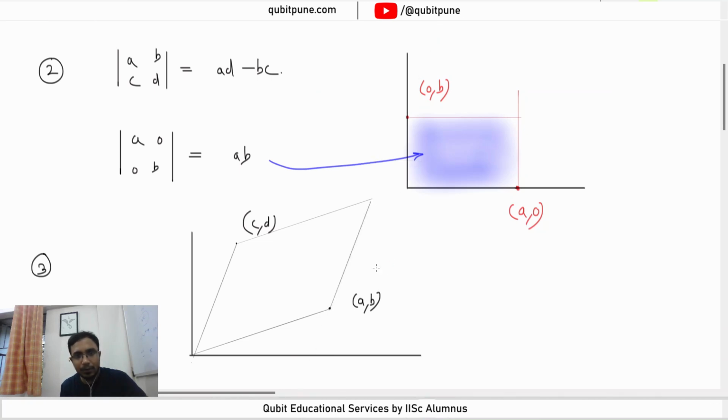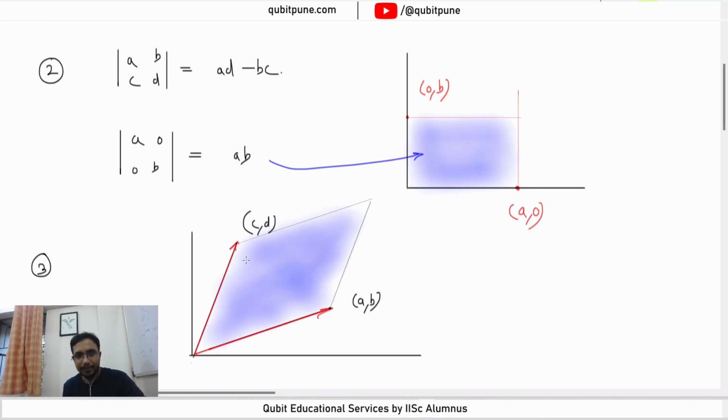Now, did you know that if I want to find out the area of this particular parallelogram which I have drawn here, then I just need to take the cross product, right? Now imagine how complicated it would be to calculate this area without knowing the determinant expression.